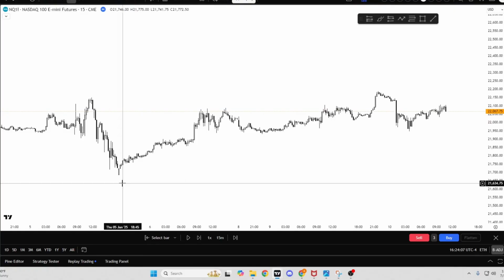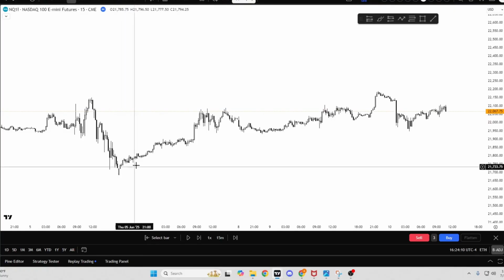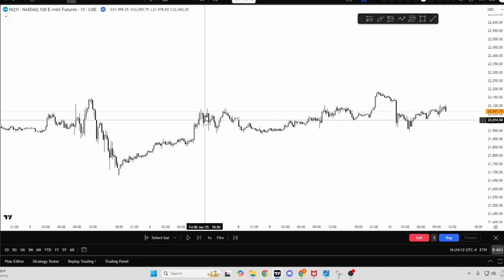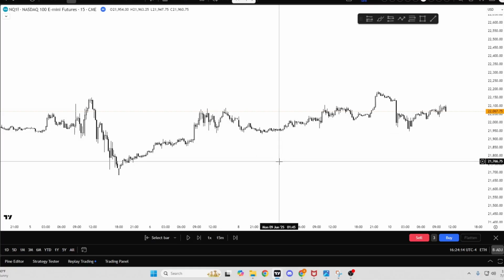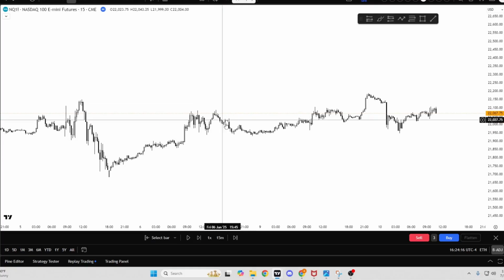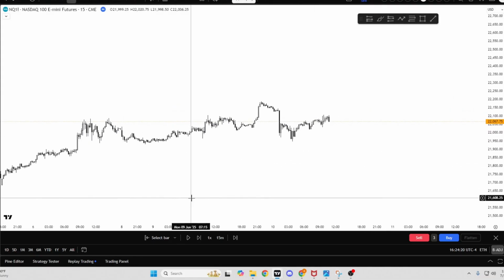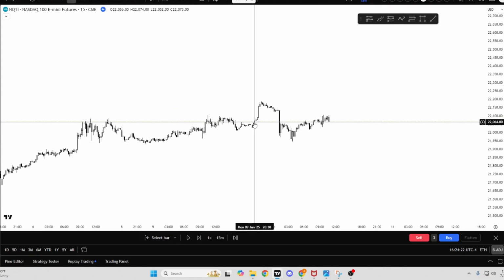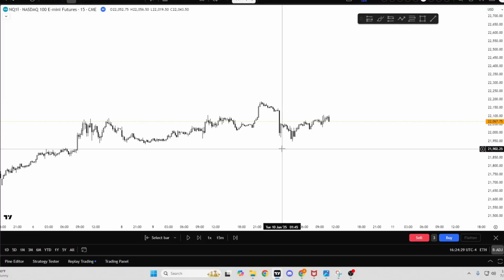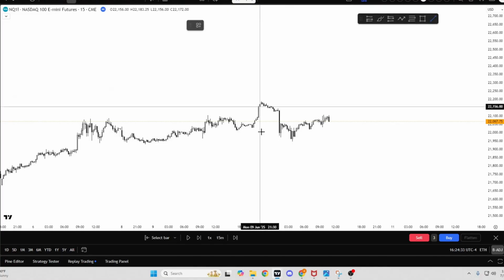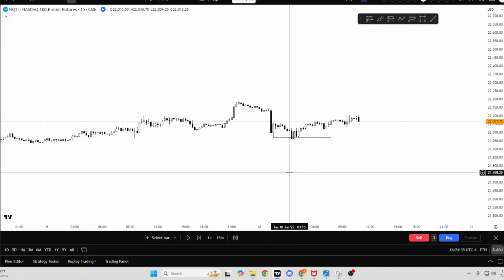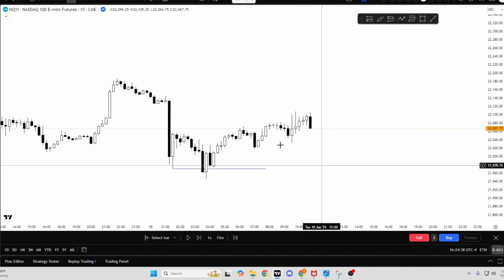Pretty much every day you would get a large range in Asia and London, and then New York would chop, and towards PM it would start making some sort of a move. Very typical. So today, that's Asia low, we make a move up and come down and take that low, and then take this low, and then here it seems like we're putting in a reversal off of that low.